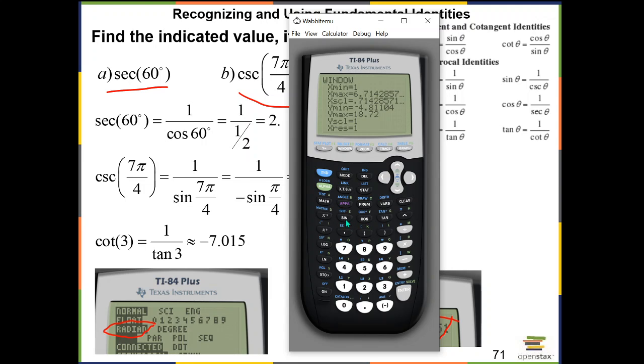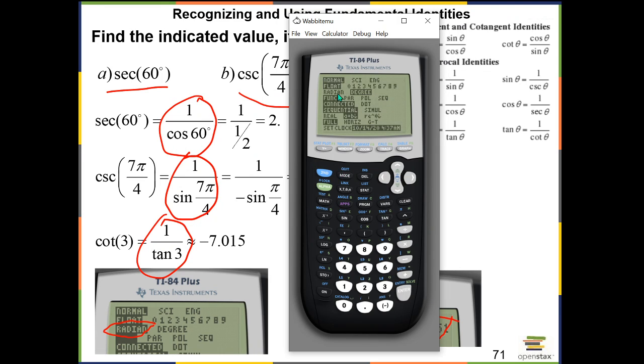Now, we do not have cosecant. Well, because we know cosecant is what? It's 1 over sine. We do not have secant on the calculator because we know secant is 1 over cosine. And we do not have cotangent because cotangent is 1 over tangent, right? So if you want to work in degrees, make sure you change the mode to degree, right?